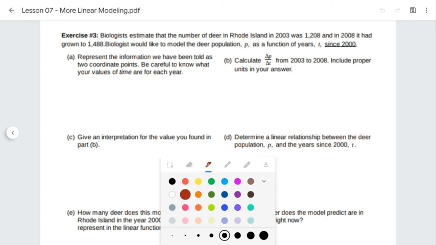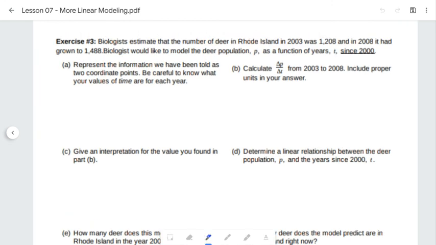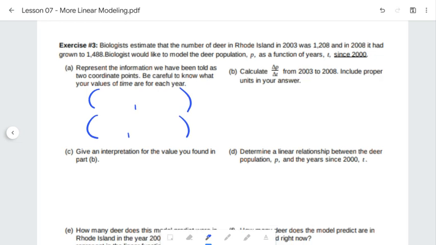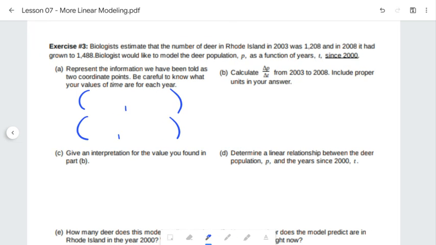So when I go to set this up, we want 2 coordinates. Be careful with time though. So our first one here was 2003. We'd have 1,208. Well, I'm not going to put 2003 in. We're talking about the years since 2000. So 2001, 2002, 2003, it's been 3 years since. So that was a population of 1,208.